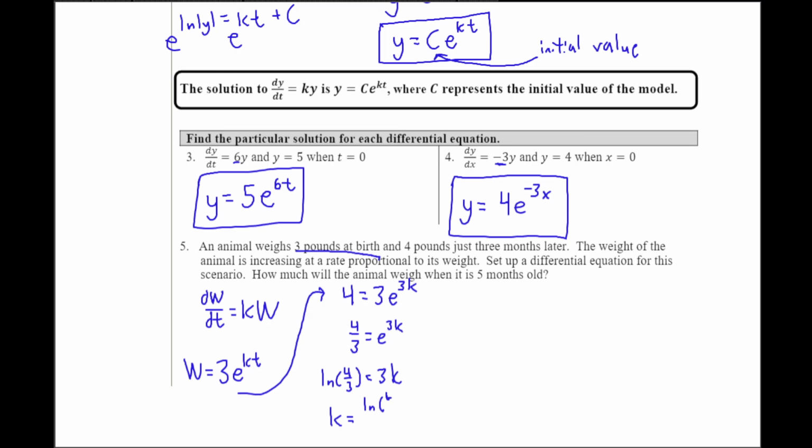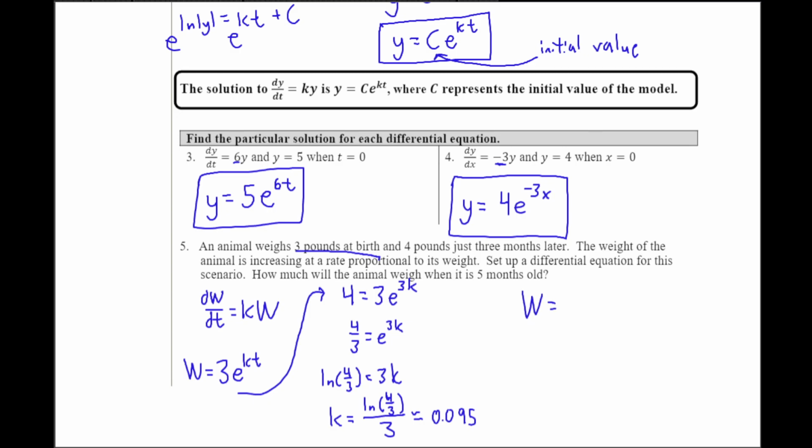On the calculator, that's approximately 0.095. So that's your k value here. So let's plug this back into the original equation.